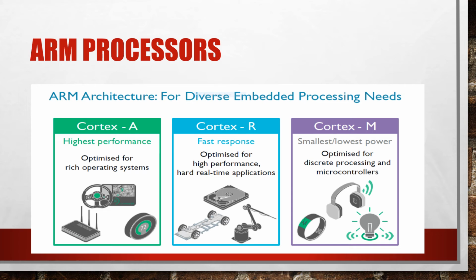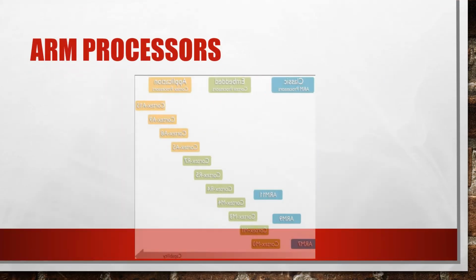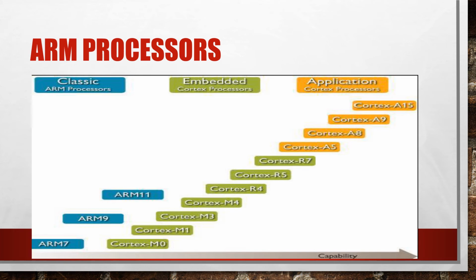And then we have Cortex-M, which is considered the smallest and the lowest power. It is optimized for discrete processing and microcontrollers. Actually, this is the one that we have in our lab, and during your lab you are going to use a Cortex-M.